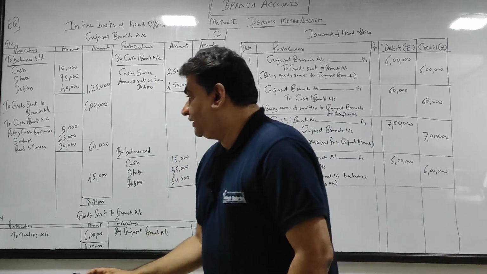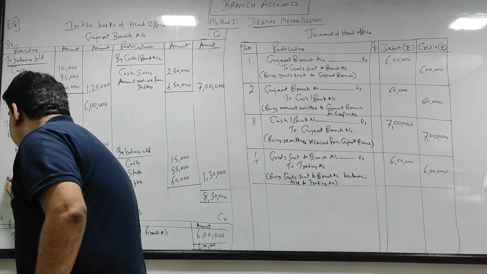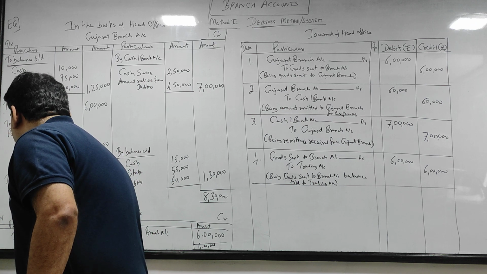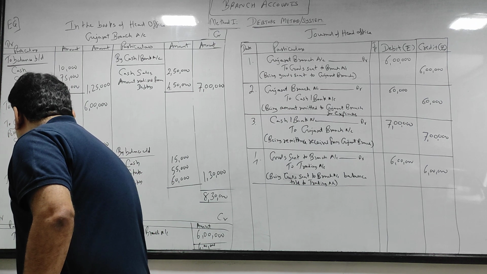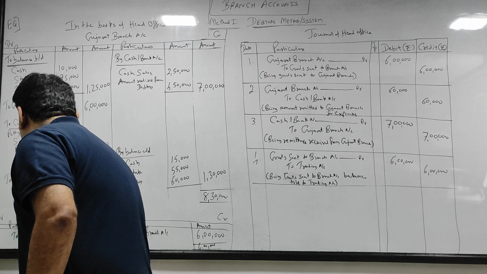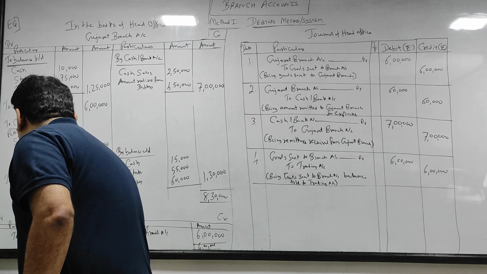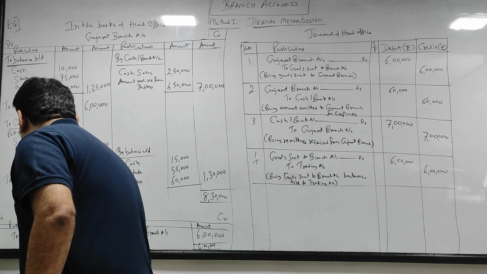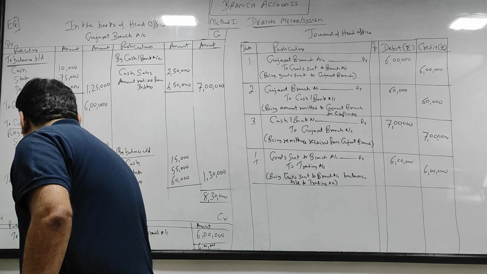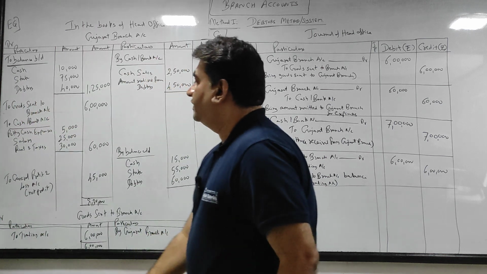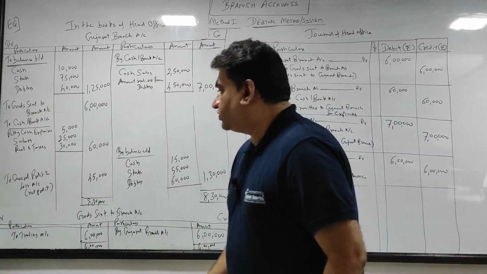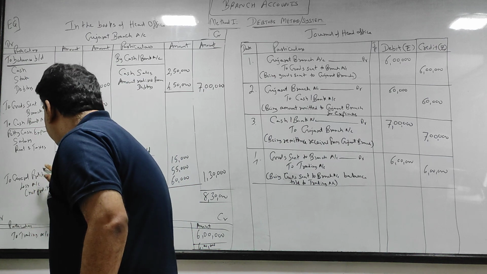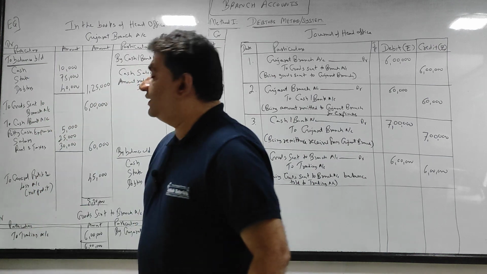So this profit you will transfer, you will write there: to general profit and loss account, brackets net profit. To general profit and loss account, brackets net profit.